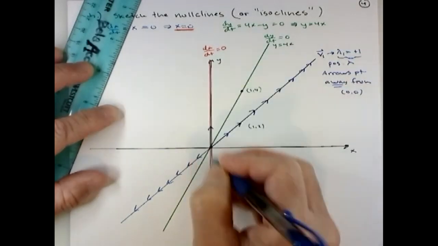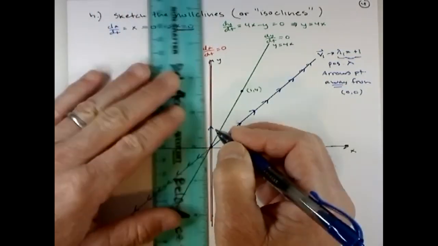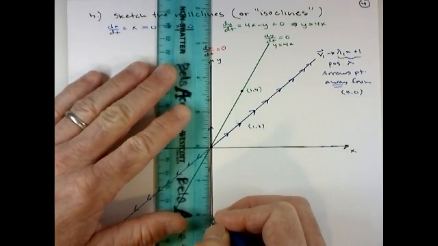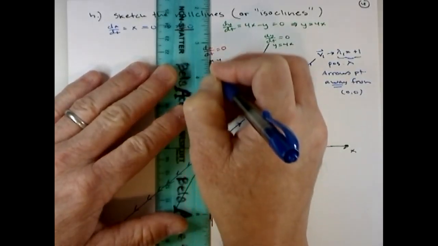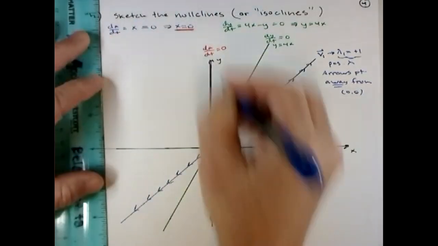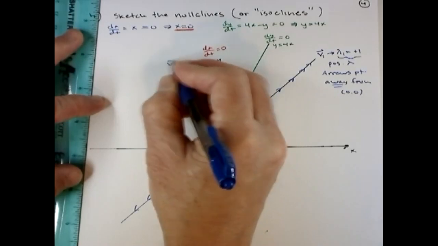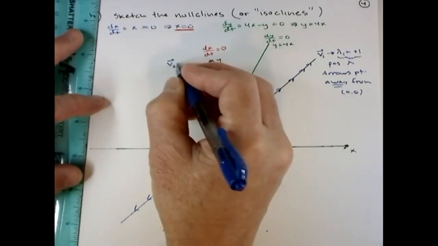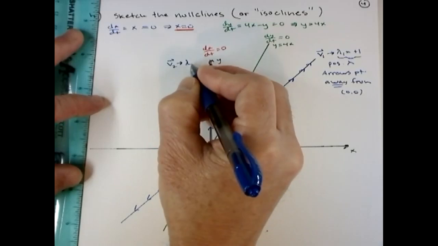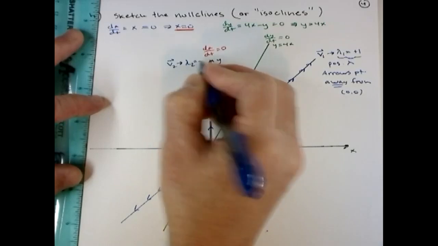They don't have to line up, but it just so happens that my second eigenvector is also my nullcline. So this is also my eigenvector that was associated with my eigenvalue of negative 1.